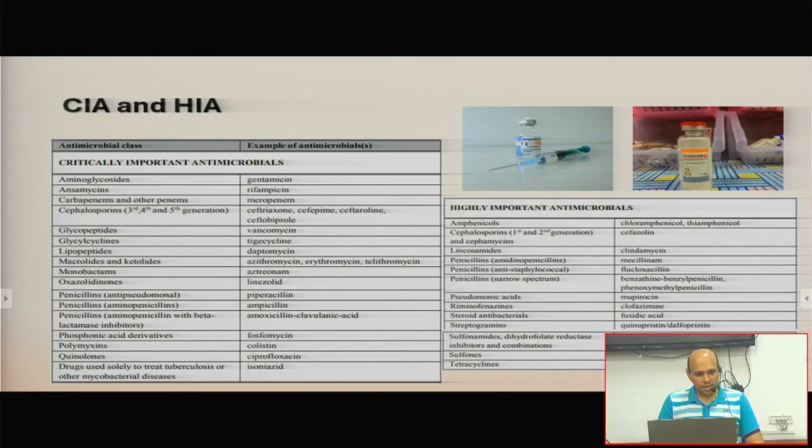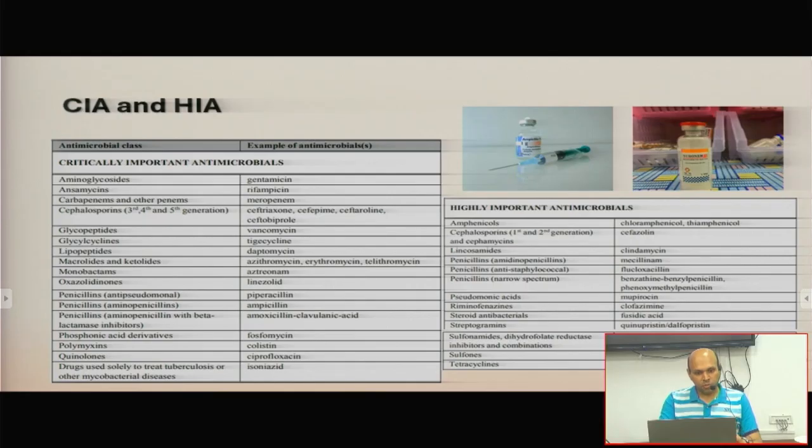What you need to appreciate is that in the critically important and highly important antibiotics, you can have the same class, but the antibiotics in the category can be different. For example, in the carbapenems, you have imipenem, meropenem, doripenem, ertapenem. So they can be split based on how they are classified.